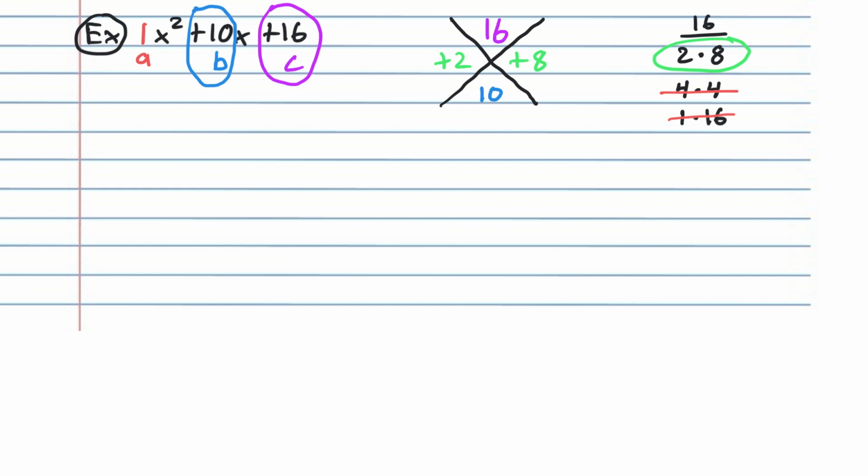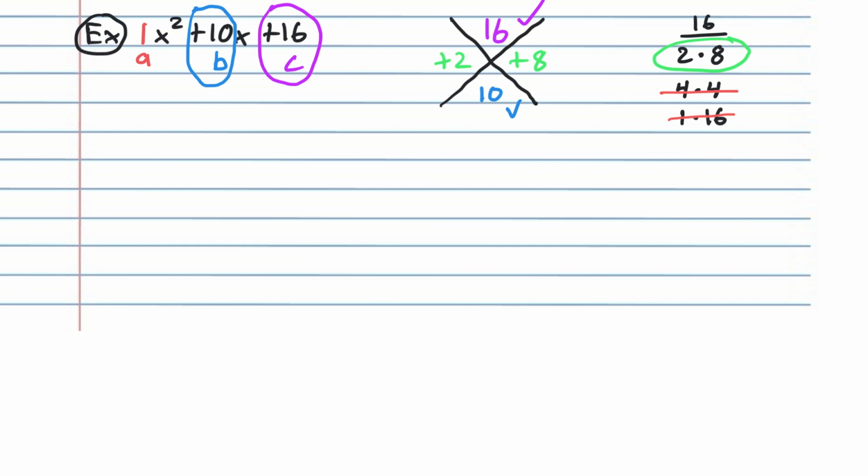Sometimes your first instinct doesn't work out properly. So always double check. Positive 2 times positive 8 gives you 16. So that's good. Check. And then positive 2 plus 8 gives you 10. All right, so that one's good as well.